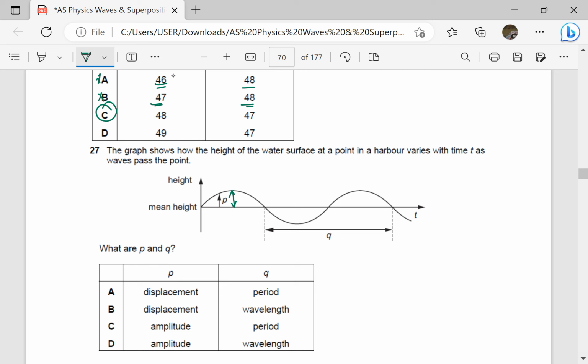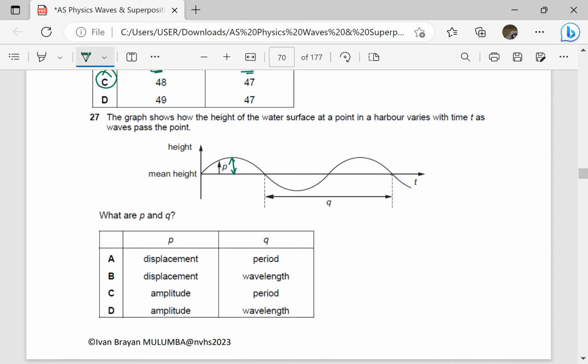Then Q can be wavelength? It is not. It is against T. So Q can be period. So we eliminate wavelength. But then P is not amplitude. So we can take displacement but not amplitude. It is not the maximum. The maximum displacement would be here. So it is not amplitude. It is displacement.